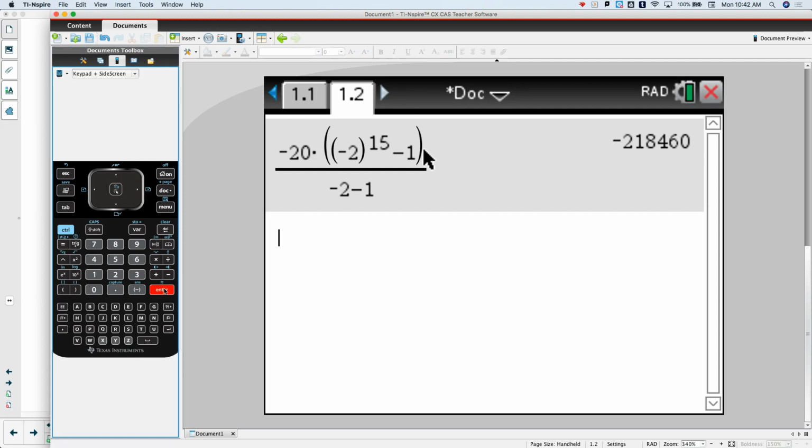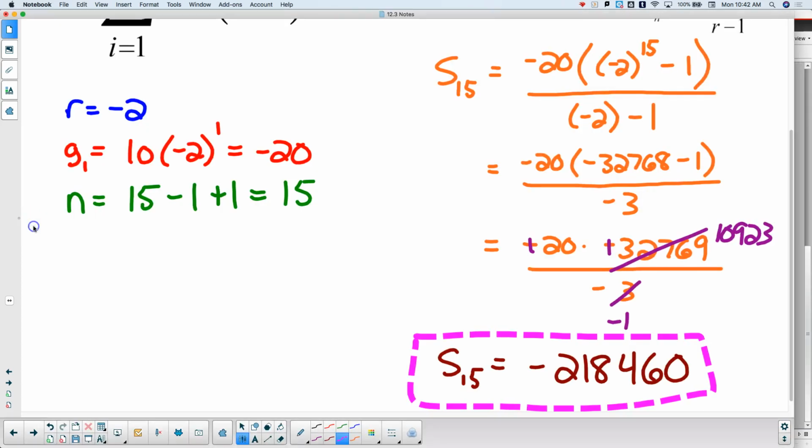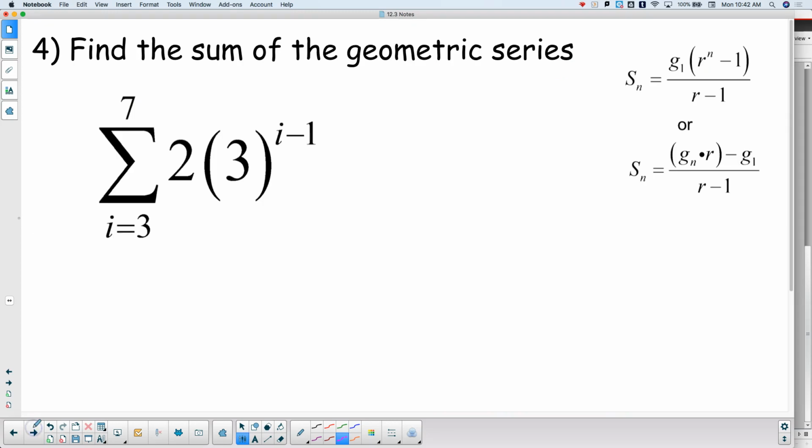If you're careful how you type it in, you can type it right in and it'll do it for you. Okay? But there's many spots that you could make a mistake there. So if you do stuff individually, that's why I said it's a lot of calculations, a lot of computational math going on today. Not a lot of hard math, a lot of computational math. Okay? Find me the sum.